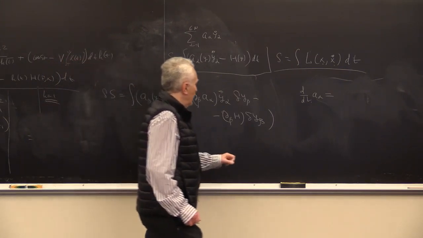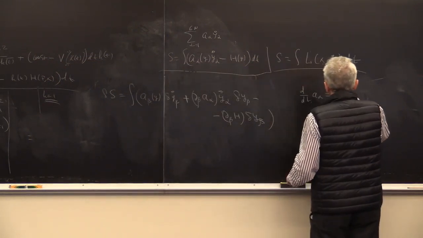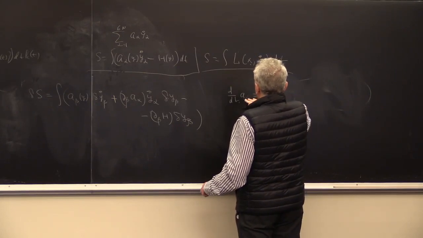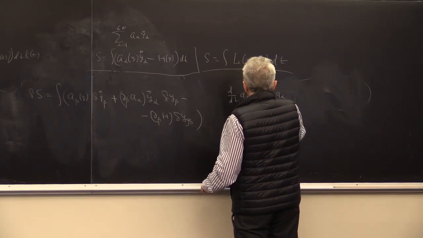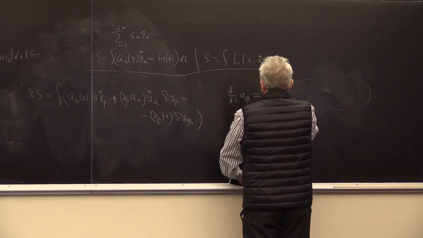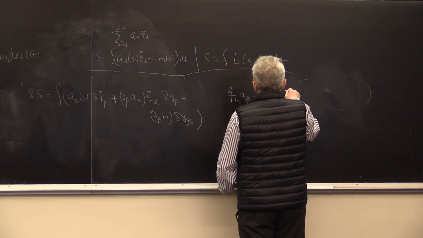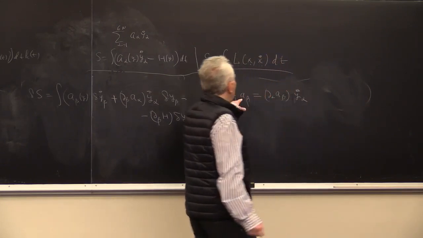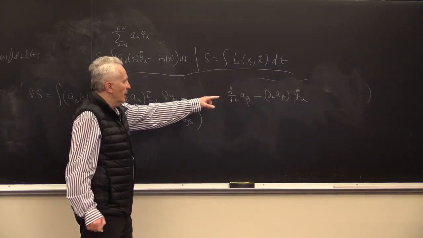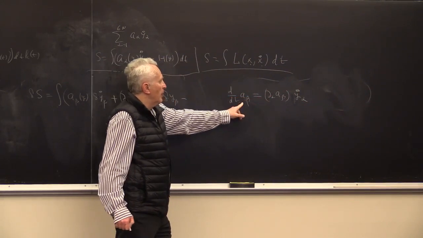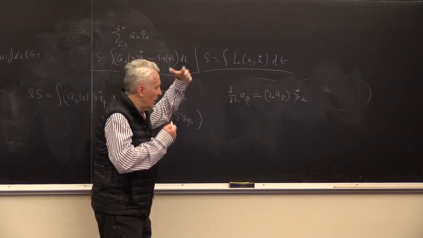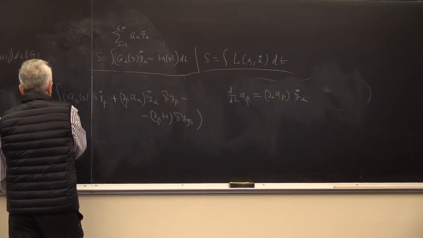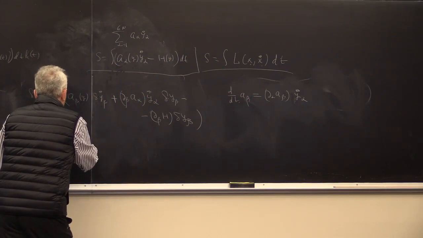You sum over beta here. So d dt of a beta, excuse me, is d alpha a beta y alpha dot, because a beta depends on time only because y depends on time. It's just chain differentiation. So finally, we get the following expression.